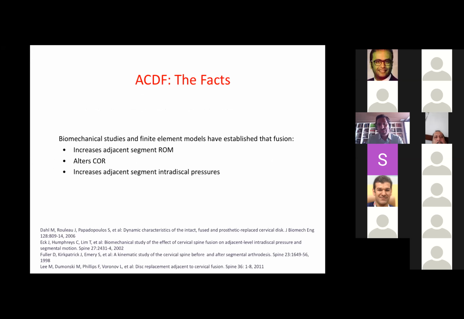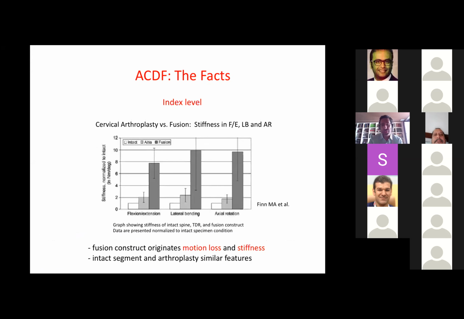ACDF, what are the facts that our friend didn't show us before? It increases adjacent segment range of motion. A lot of clinical and lab studies show that. They change the center of rotation, then increase the adjacent level intradiscal pressure. So fusion originates, of course, motion loss and stiffness.